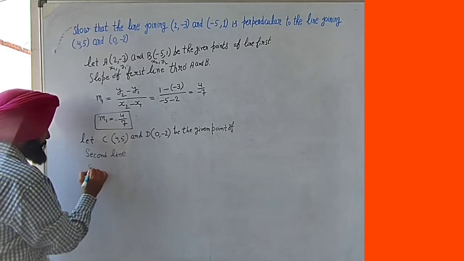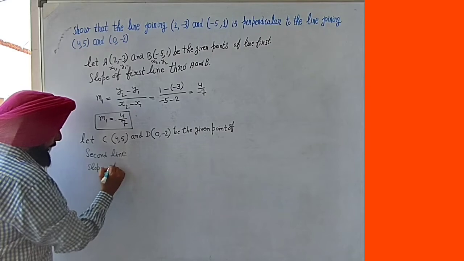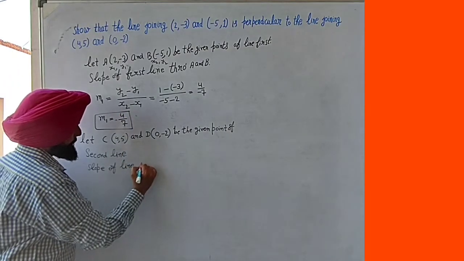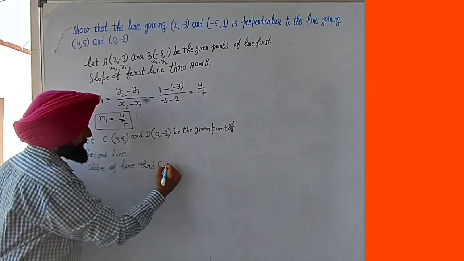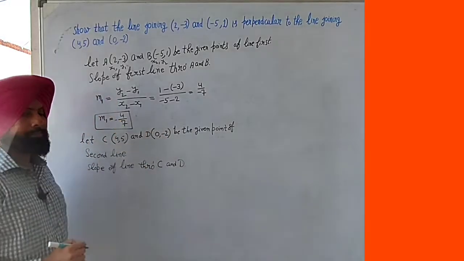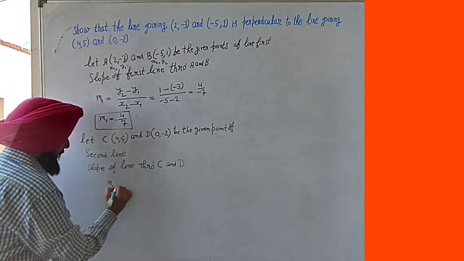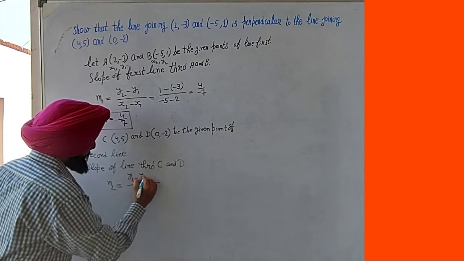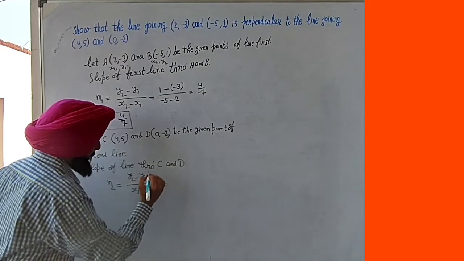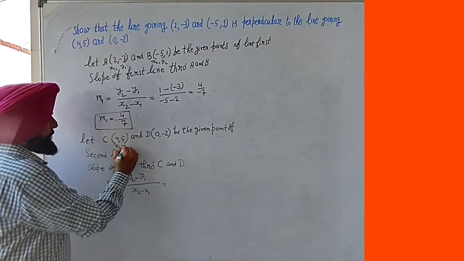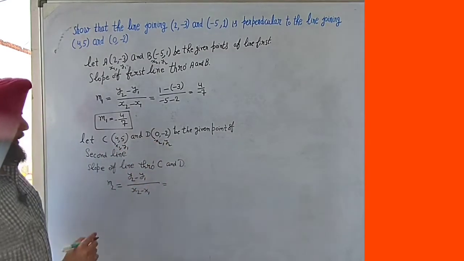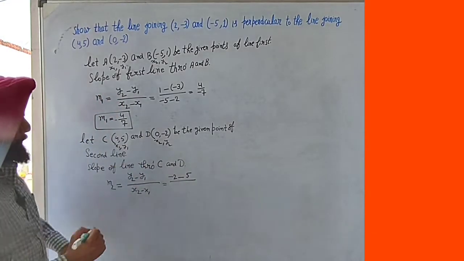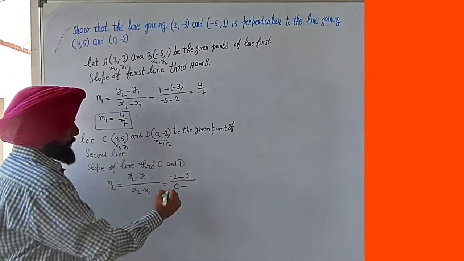Now the slope of the line through C and D. Here the slope of the second line, M2, equals y2 minus y1 over x2 minus x1, which means now x1 y1 x2 y2, y2 minus 2, y1 minus 5, over x2 0, x1 4.